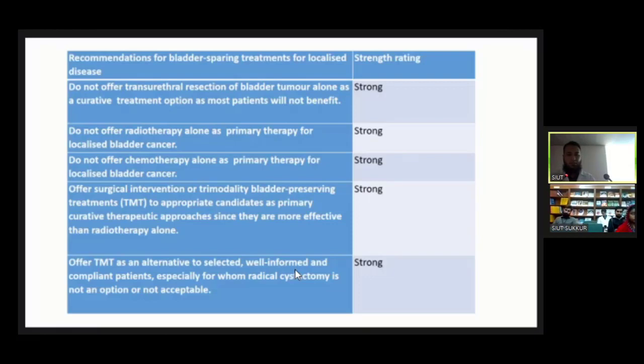Offer surgical intervention and bladder sparing to suitable candidates as a primary curative approach, as they are more effective than radiotherapy alone. Partial cystectomy is an alternative for well-informed and compliant patients, especially those for whom radical cystectomy is not an option or not acceptable.